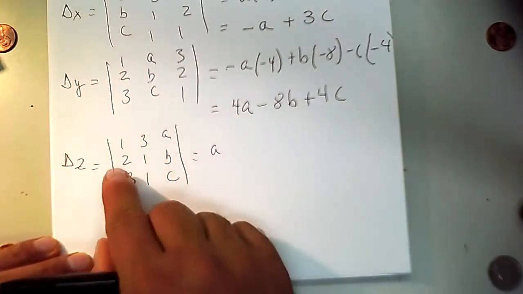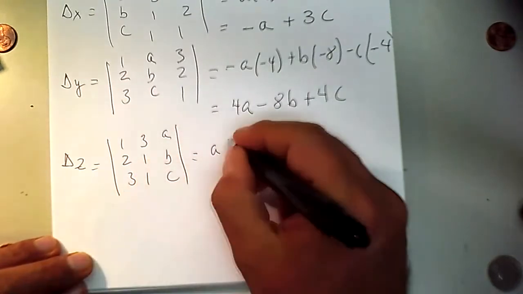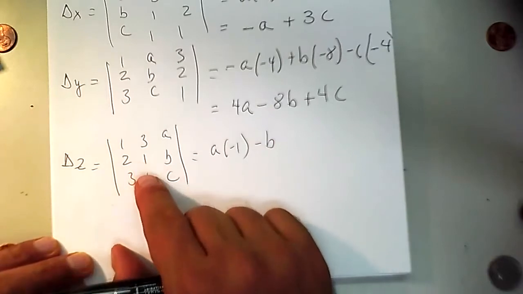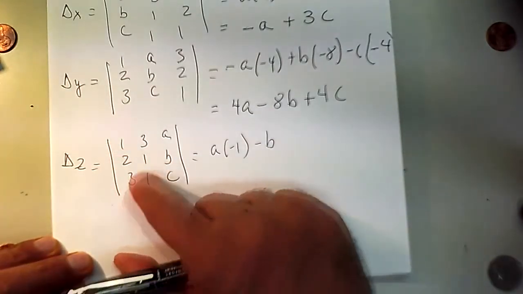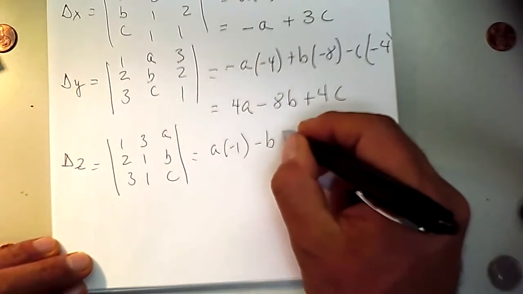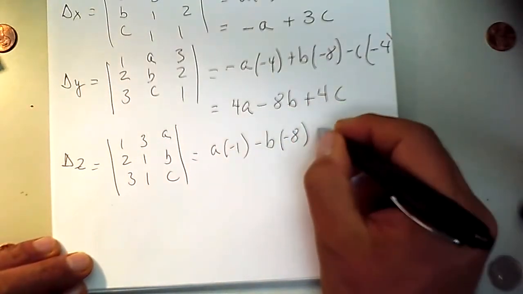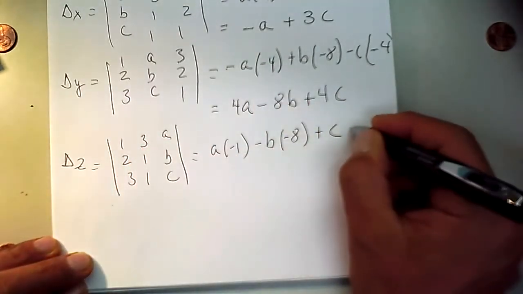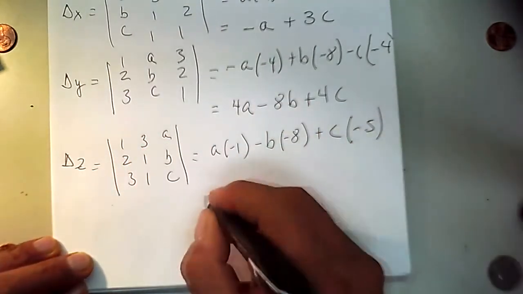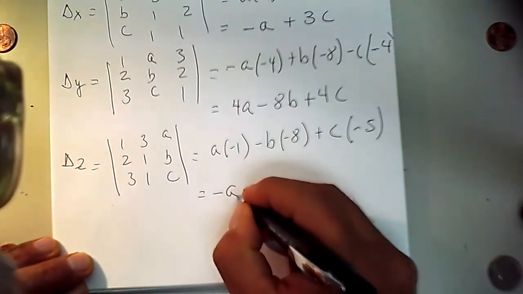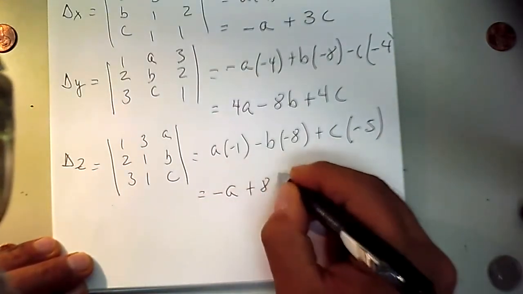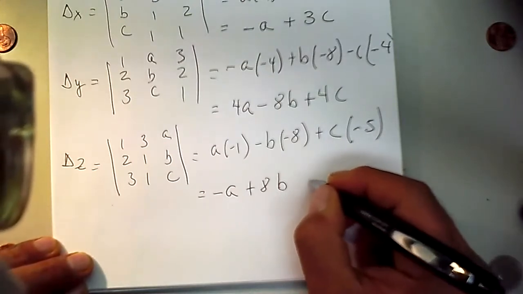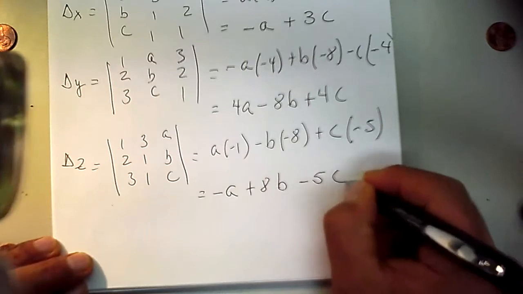So we have A times (2 minus 3, negative 1), minus B times (2 minus 3 is negative 1), B times (1 minus 9, negative 8), plus C times (1 minus 6, negative 5). So that is negative A plus 8B minus 5C.